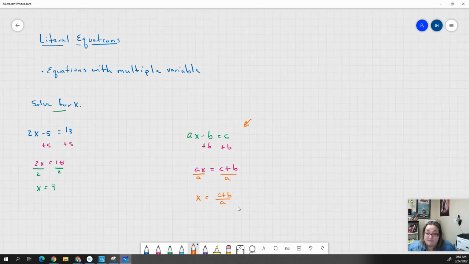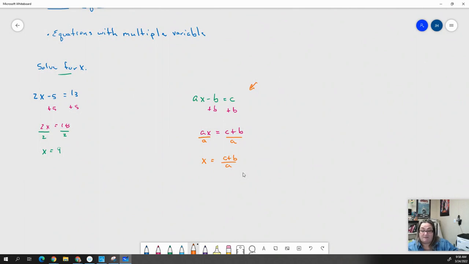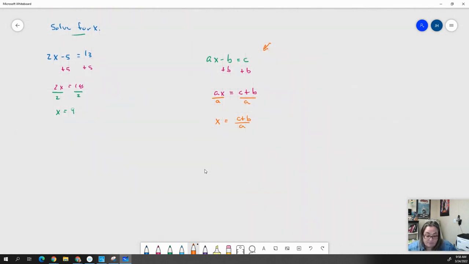It's going to be a little bit different. But the whole idea is to figure out what variable you're being asked to solve for and get that by itself on one side of the equal sign. And so that's pretty much the lesson. Everything else is just examples so that you can see how they work.